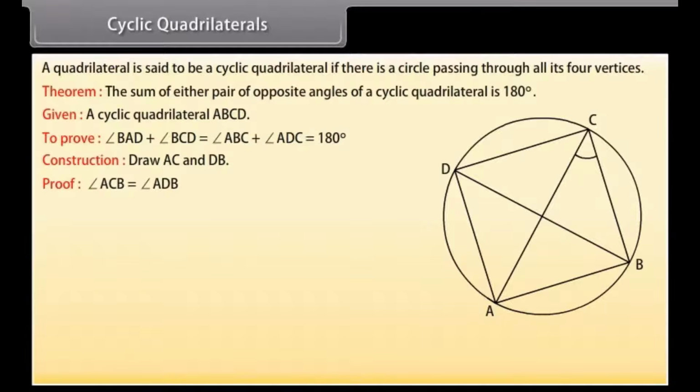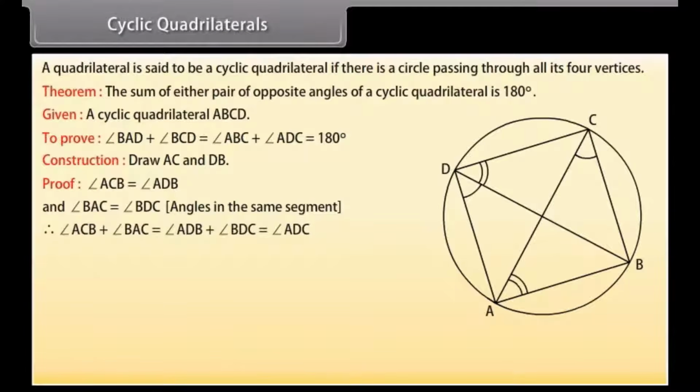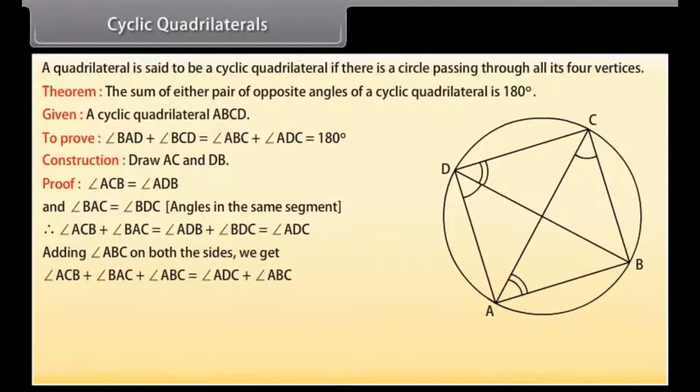Proof: angle ACB is equal to angle ADB and angle BAC is equal to angle BDC, because these are the angles in the same segment. Therefore, angle ACB plus angle BAC is equal to angle ADB plus angle BDC, which equals angle ADC. Adding angle ABC on both sides, we get angle ACB plus angle BAC plus angle ABC, which is equal to angle ADC plus angle ABC.